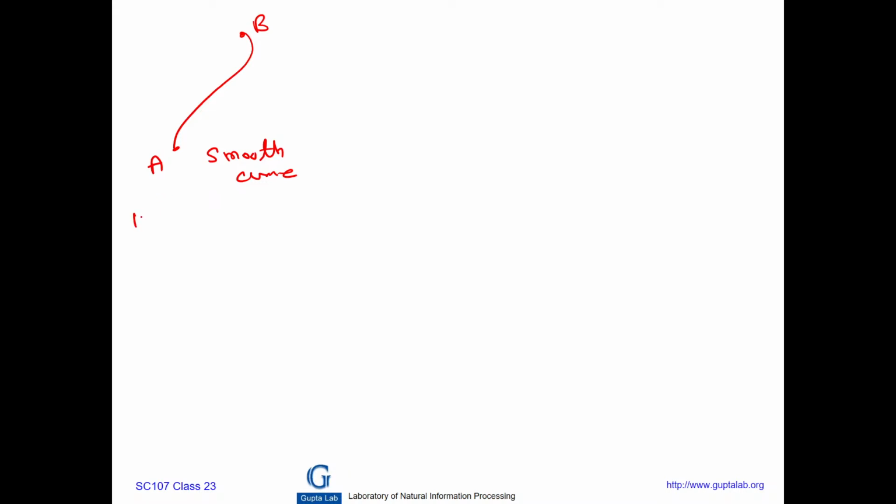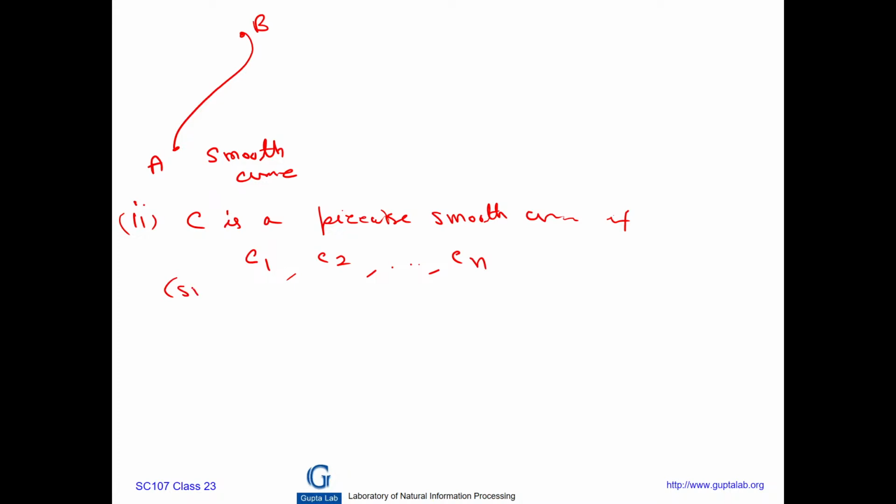Second, we wanted to talk about piecewise smooth curves. C is a piecewise smooth curve if it consists of a finite number of small curves C1, C2, Cn, joined end to end.